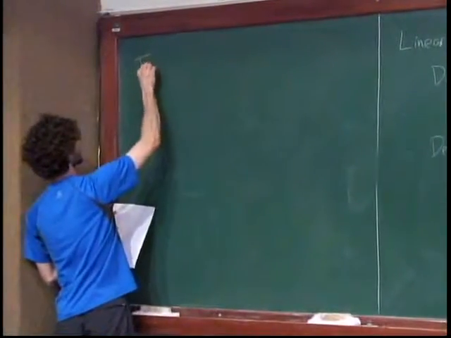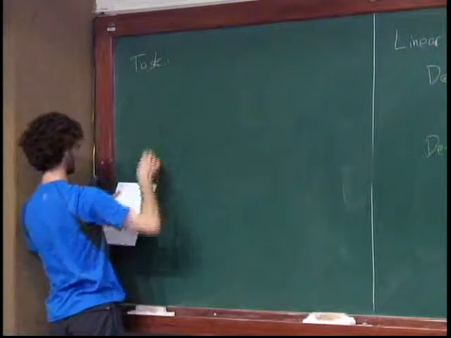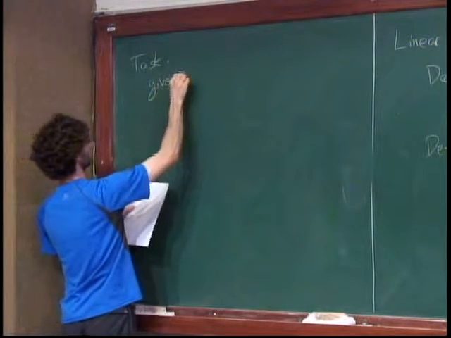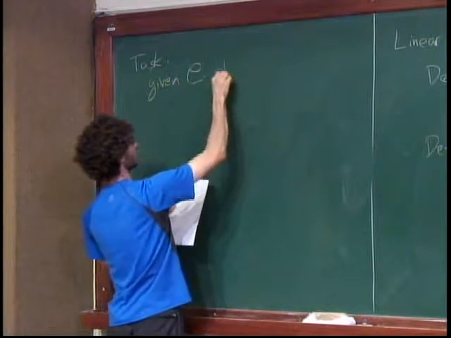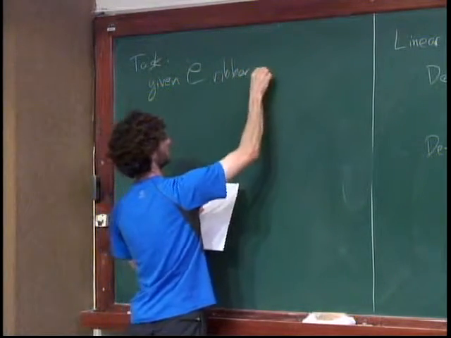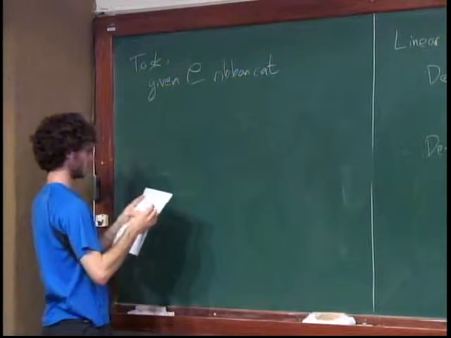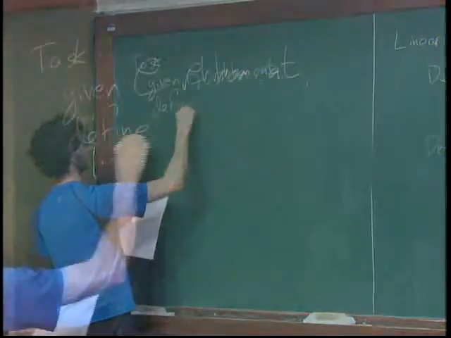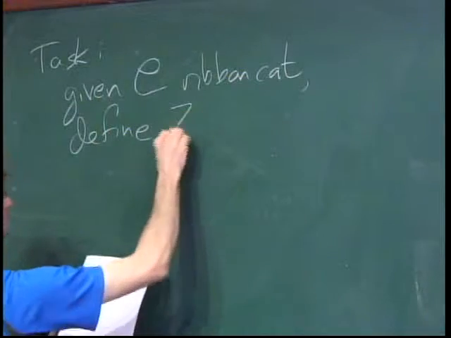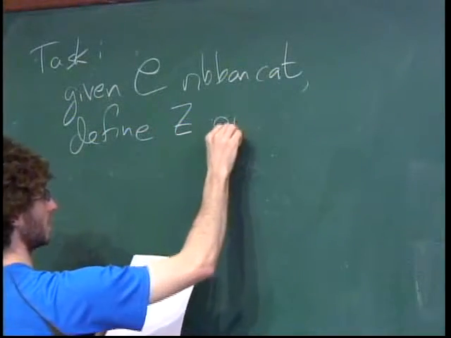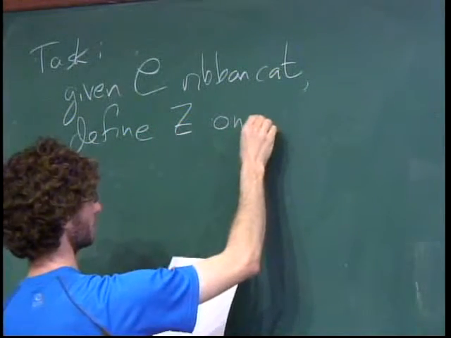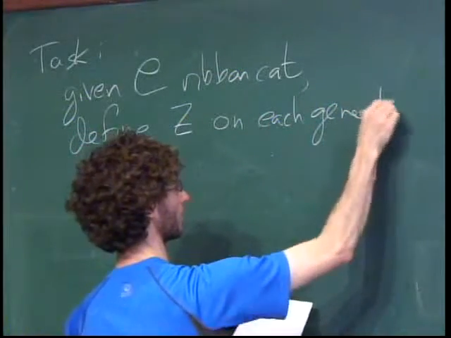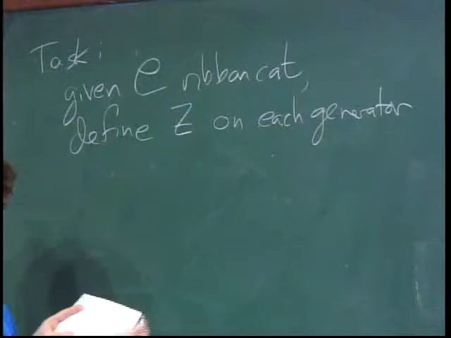So our task then is to actually, so we're given C, which is going to be some ribbon category, namely the ones we've constructed, and we want to define some functor Z on each of the generators of this bordism category.